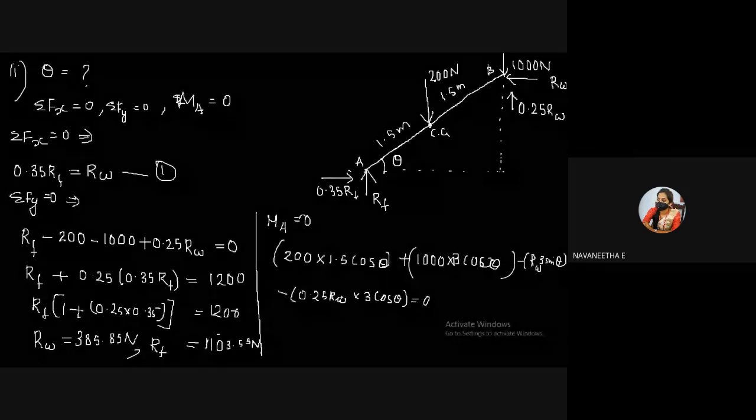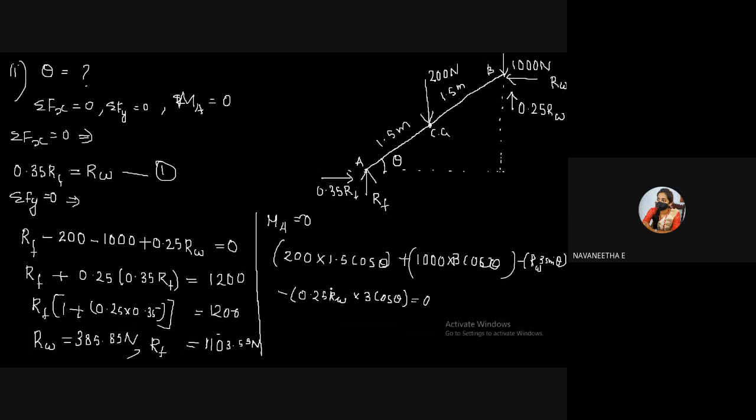So here the unknown values in this equation are RW and theta. Two unknowns are there in our equation. In this equation, you can apply the value for RW. We had already found the value for RW, that is equal to 385.85.